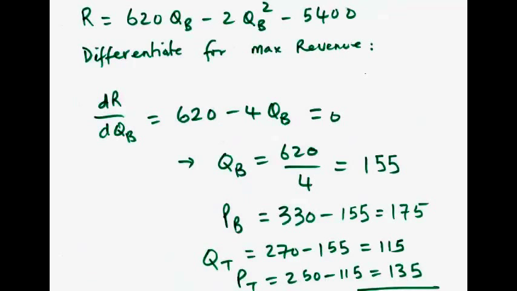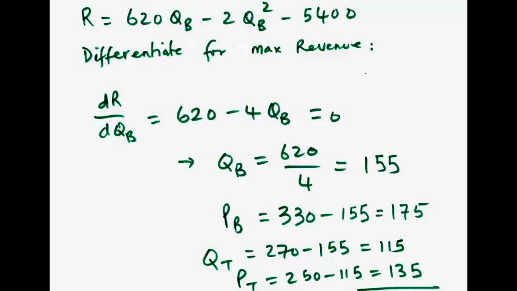When we differentiate that function, we get dR/dQB equals 620 minus 4QB, set equal to 0 to get the maximum on the revenue function, which we see is quadratic with a maximum or a peak because of the minus 2 on the Q squared term. QB equals 155.